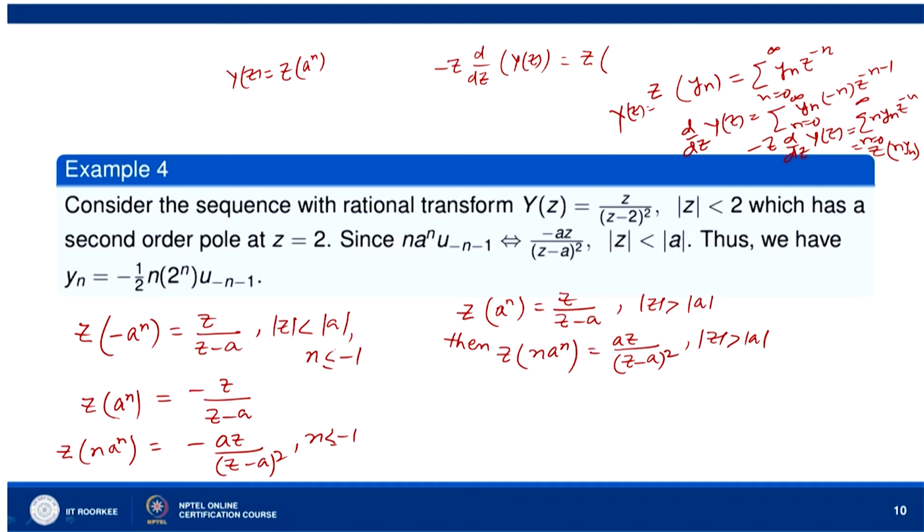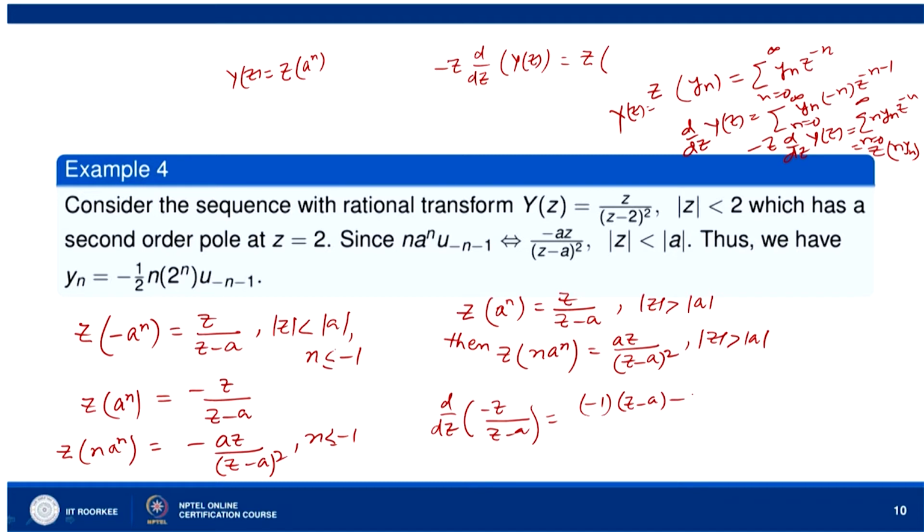So, here if you have the Z transform of a to the power n equal to minus z over z minus a, when you multiply a to the power n by n, we differentiate this with respect to z and then multiply by minus z. Let us see d over dz of minus z divided by z minus a. The derivative of the numerator is minus 1 into z minus a, the derivative of the denominator is 1.